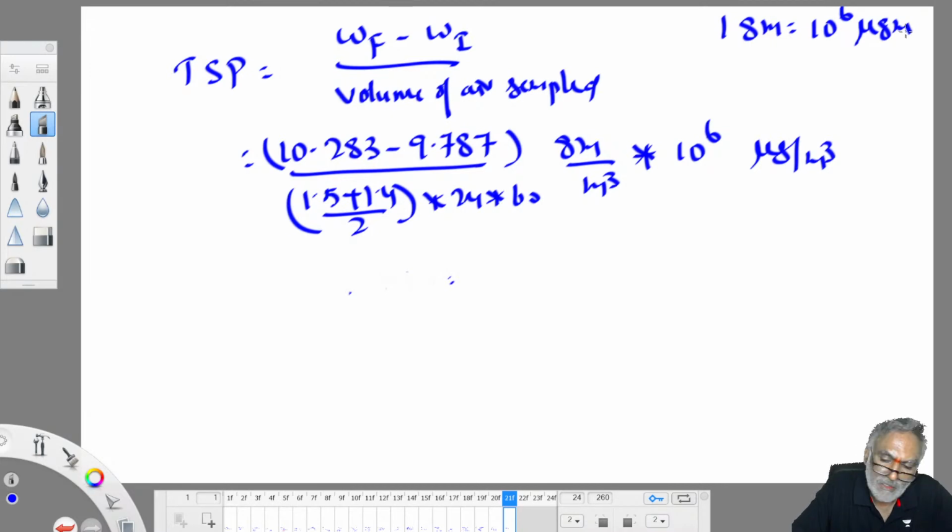So 10.283 minus 9.787 by 1.5 plus 1.4, 2.9, 2.9 by 2. 2.9 by 2 means 1.45. 1.45 into 24 into 60.